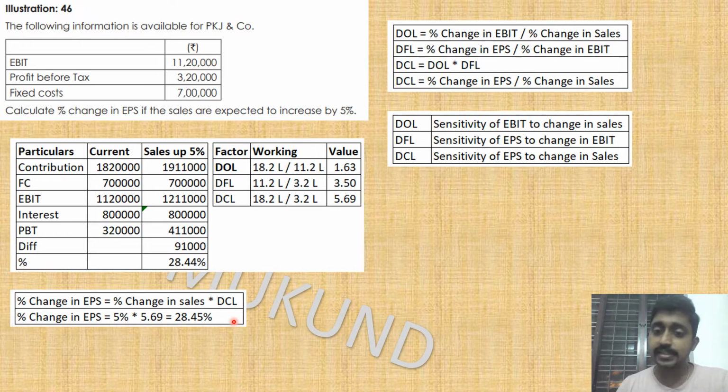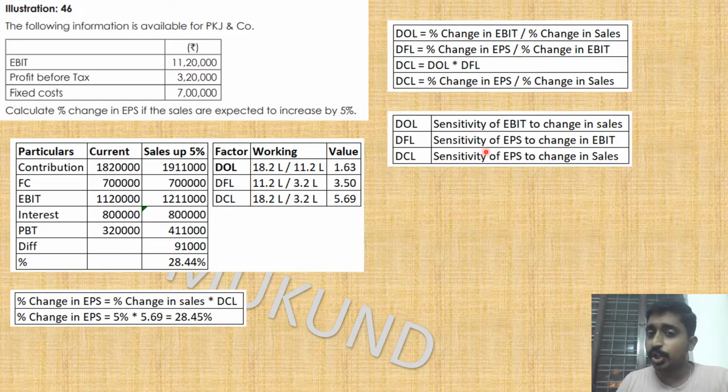Sensitivity, as we discussed in the beginning of the class, is a sensitivity. Operating leverage is the sensitivity of EBIT, which you can say is the operating profit also. How sensitive is the operating profit or EBIT to change in sales? That is called operating leverage.